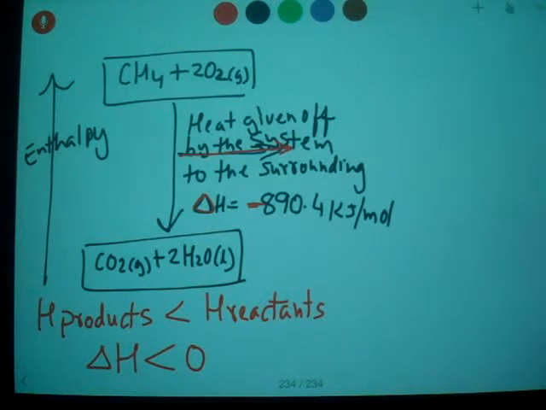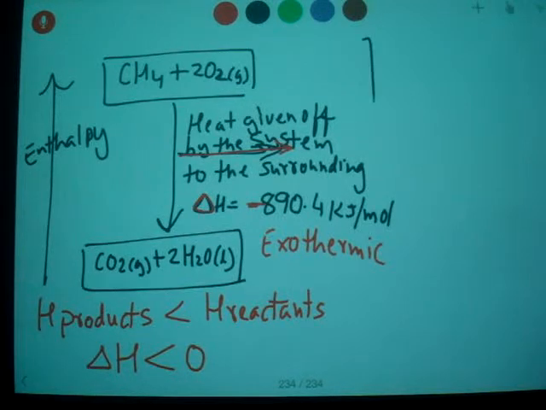In a combustion process, heat is given off by the system to the surroundings. So you can say yes, if it is exothermic, then delta H is negative.